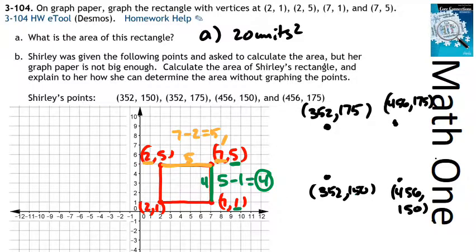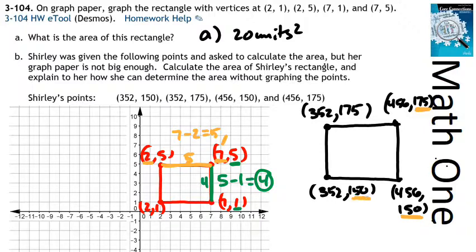So I'm going to do the same thing I did before. This is the rectangle. I'm trying to find the dimensions of it so that I can calculate the area. Again, if I look at the change in these y values, y is going from 150 to 175. You can actually see that in both points.